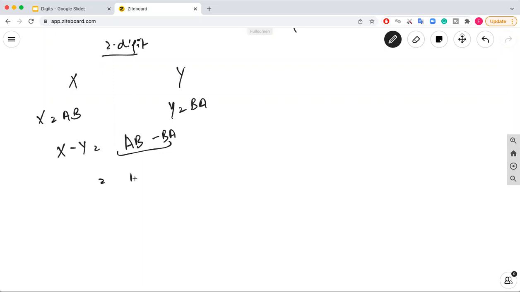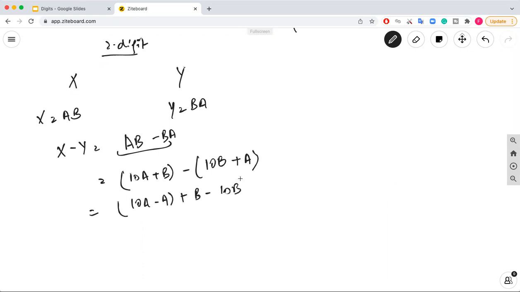So we can write this as 10A plus B minus 10B plus A, right? If you proceed further, this is 10A minus A plus B minus 10B, right? So this will be 9A minus 9B.